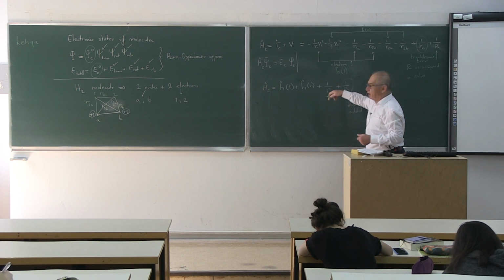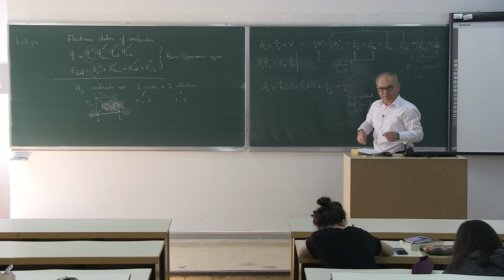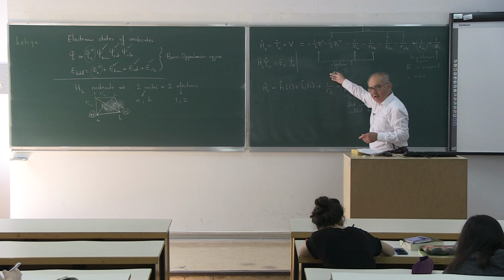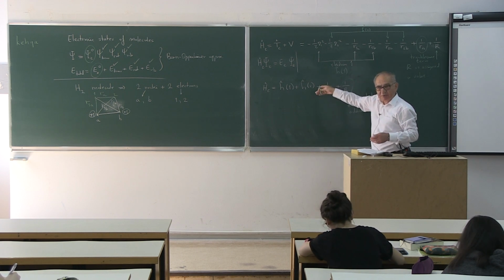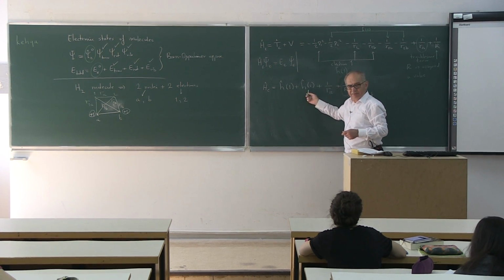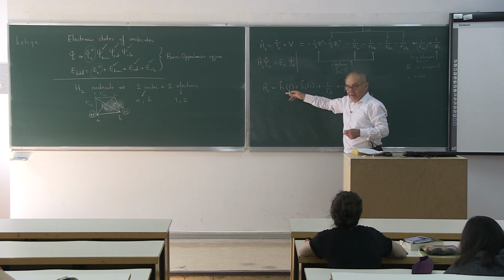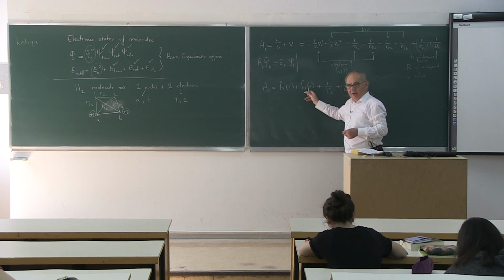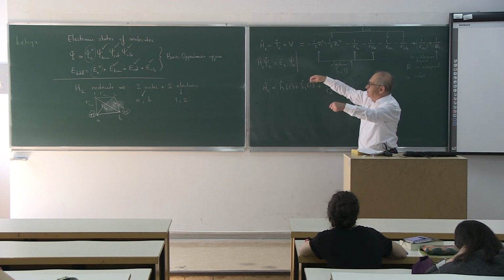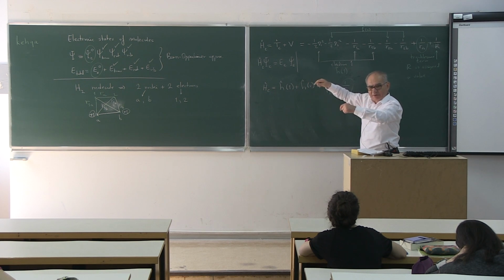If this term, 1 over R12, which is the electron-electron repulsion, could be neglected, could be removed from this expression, then we would simply have H1 plus H2 in this Hamiltonian. And it would mean two non-interacting electrons moving in the field of two nuclei with +1 charges separated by a distance capital R.